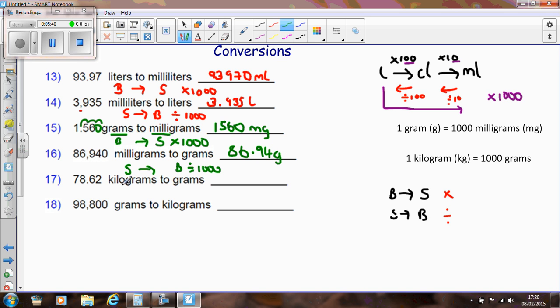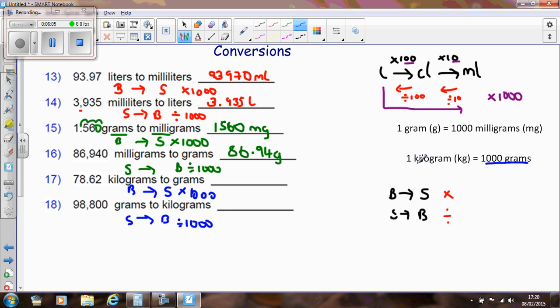And then finally, changing kilograms to grams. If we notice here, we've got 1,000 grams in a kilogram, and a kilogram is bigger than a gram. So big to small is times, and there's a pattern here of all big to small and small to big. So we've got to times this one by how many grams are in a kilogram. So as we just said before, it's 1,000. So all of these are 1,000. They're not always 1,000, but in this particular instance it is.